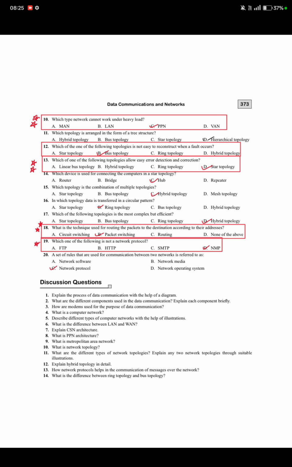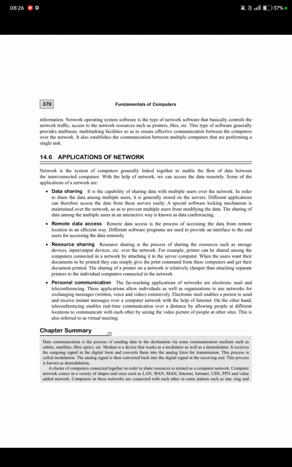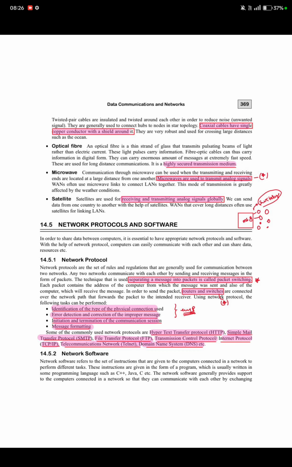Which one of the following is not a network protocol? NMP, FTP, STP, or SMTP? Hypertext Transfer Protocol, Simple Mail Transfer Protocol, File Transfer Protocol, and Transmission Control Protocol, TCP.